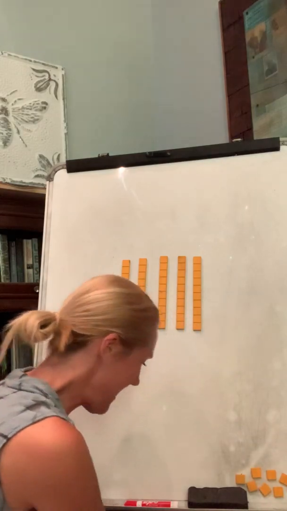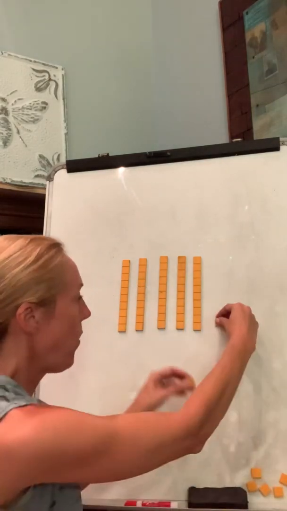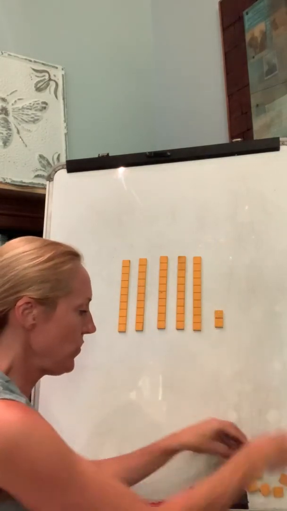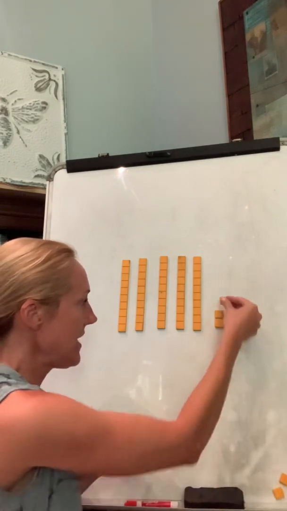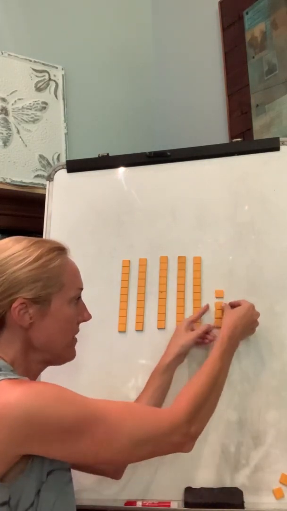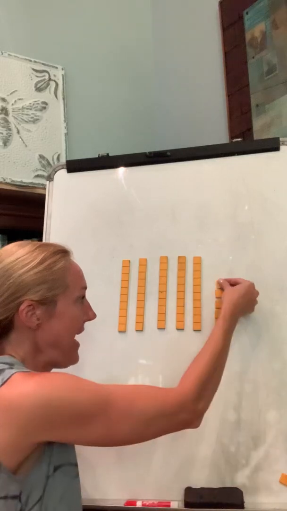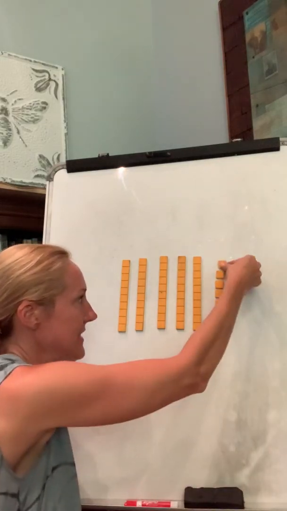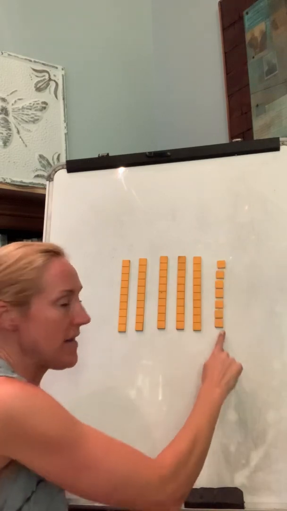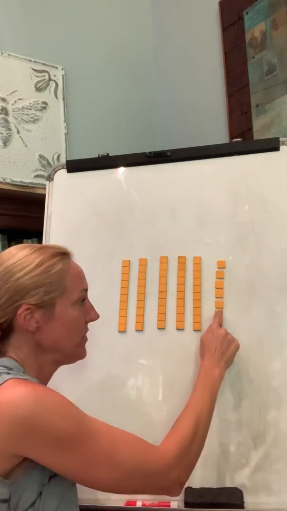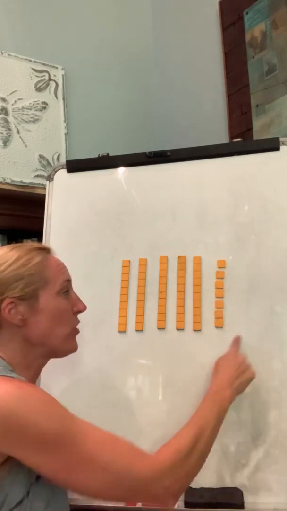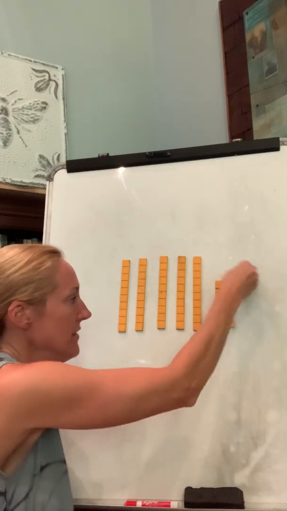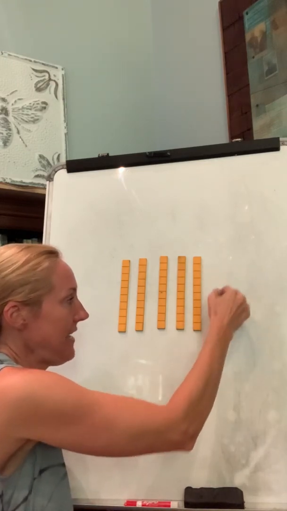And then it has, oh, here's some right here. 1, 2, 3, 4, 5, 6, 7 ones. But it's not a group of 10. These are ones.